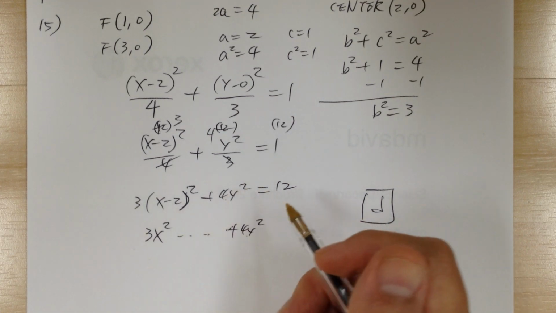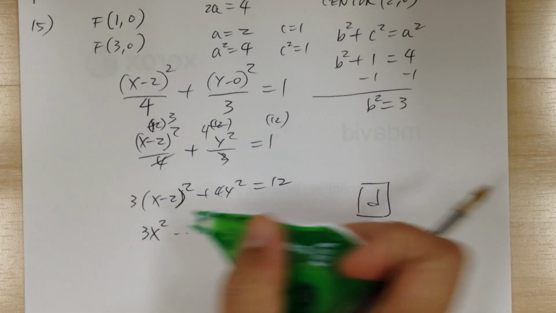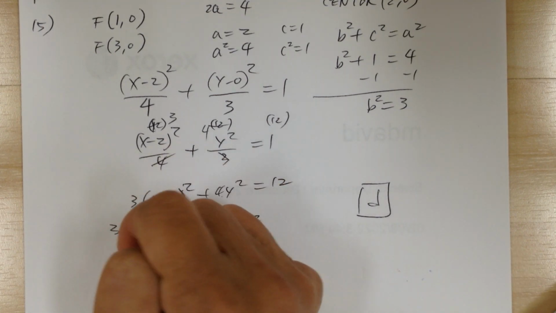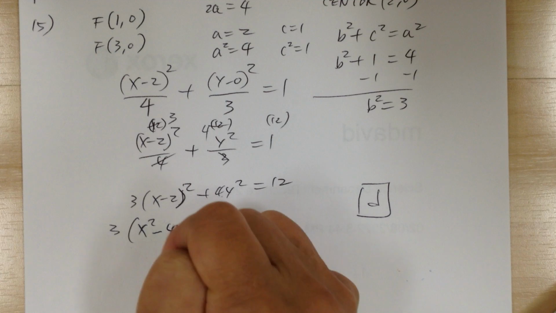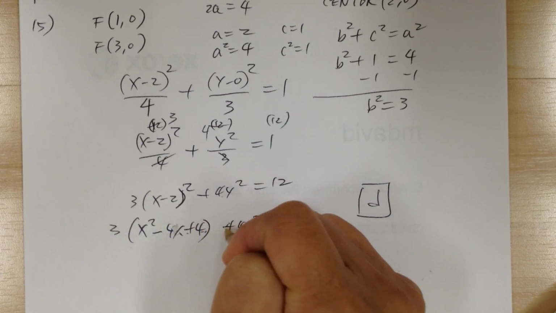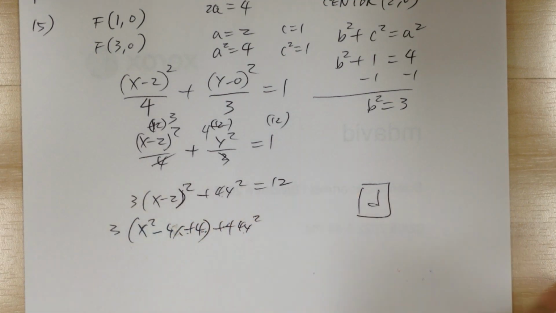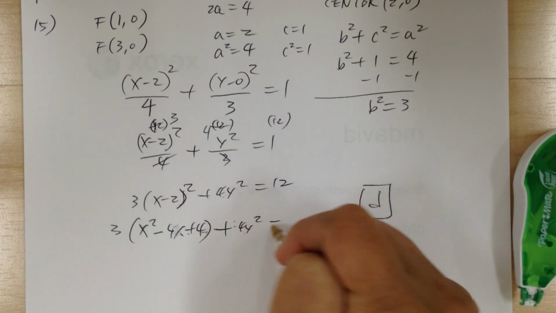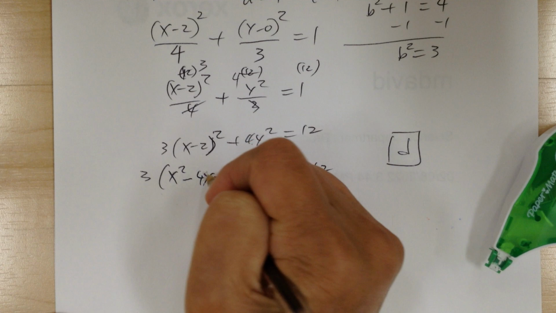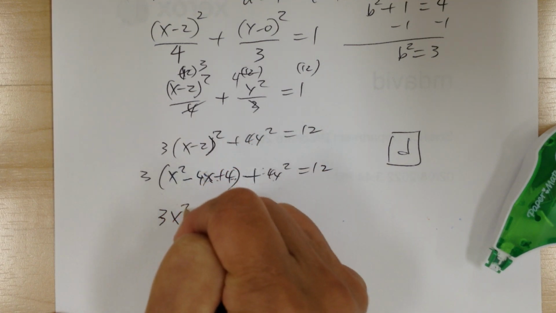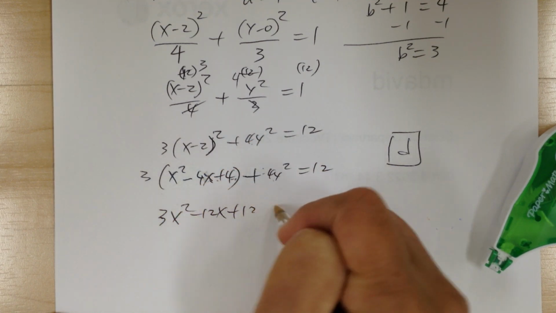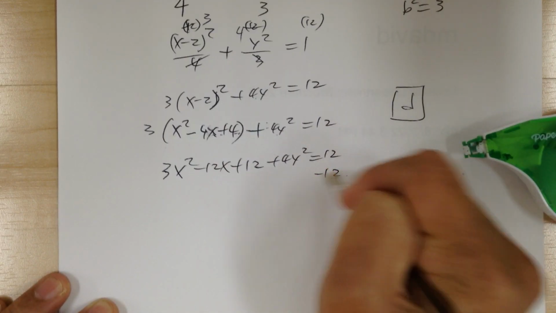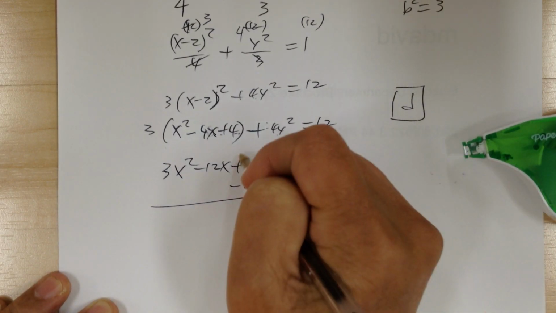But in case you have to work this part out, then this is what you do. You have to multiply this out. So you got x squared minus 4x plus 4 and plus 4y squared equal to 12, and distribute. So you got 3x squared minus 12x plus 12 plus 4y squared equal to 12. Then minus 12 on both sides. So this cancels out, cancels out.